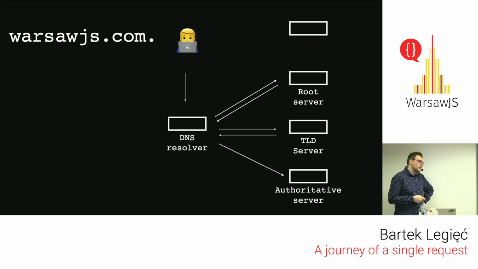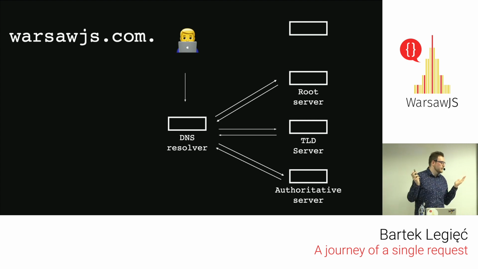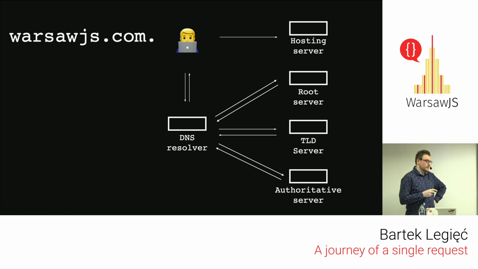And it says, okay, the actual server that hosts this web page is some kind of an IP, and that's the one we were looking for. So it goes back to the user, and then the user can make a request directly to the server that we want. So basically we know the IP address of the server that stands behind the domain.